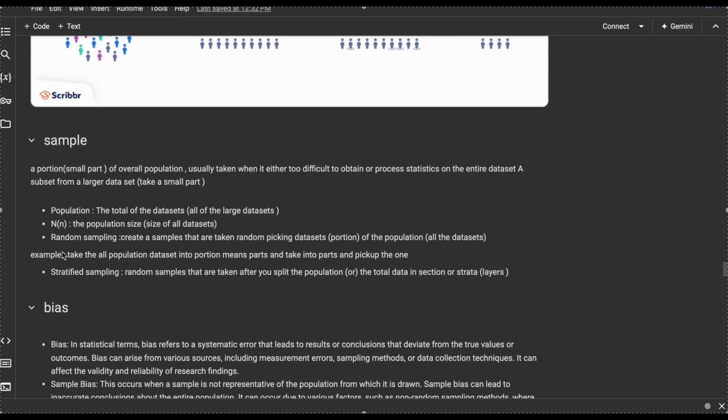Random sampling involves selecting subsets from the population, ensuring each data point has an equal chance of selection. Stratified sampling is one of the tricks, but we do not use stratified sampling in most cases; random sampling we use most of the time.